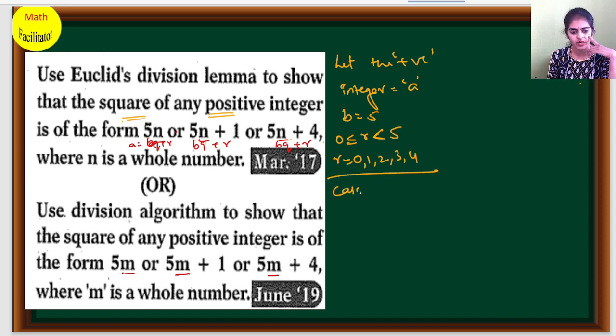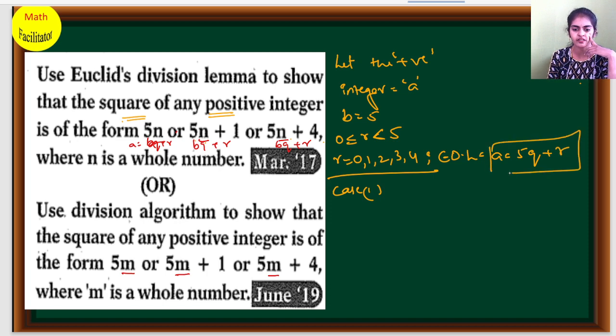So if you take case 1, so before that, what is Euclid's division lemma? So you can write a equal to bq plus r. Okay, so here you will substitute the same steps of the first question. So 5q plus, yeah, like r equal to 0. So a is 5q plus 0, now you have to square. Now why are you squaring here?